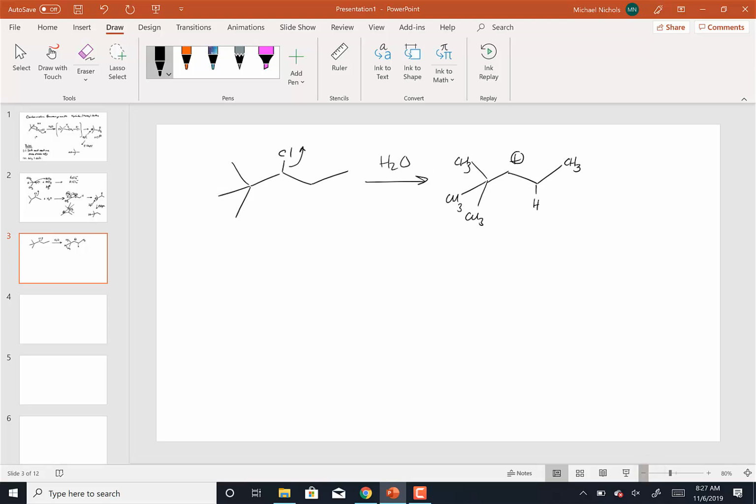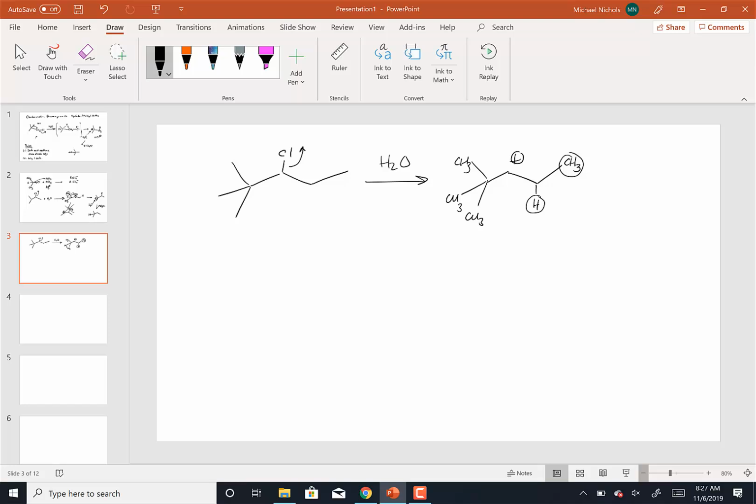So shifting this hydrogen over here would end up with a secondary carbocation. I went from secondary, that's not going to happen. If I shift the methyl group up here over, I'm going to end up with a primary carbocation. Don't even entertain that. That's not happening.